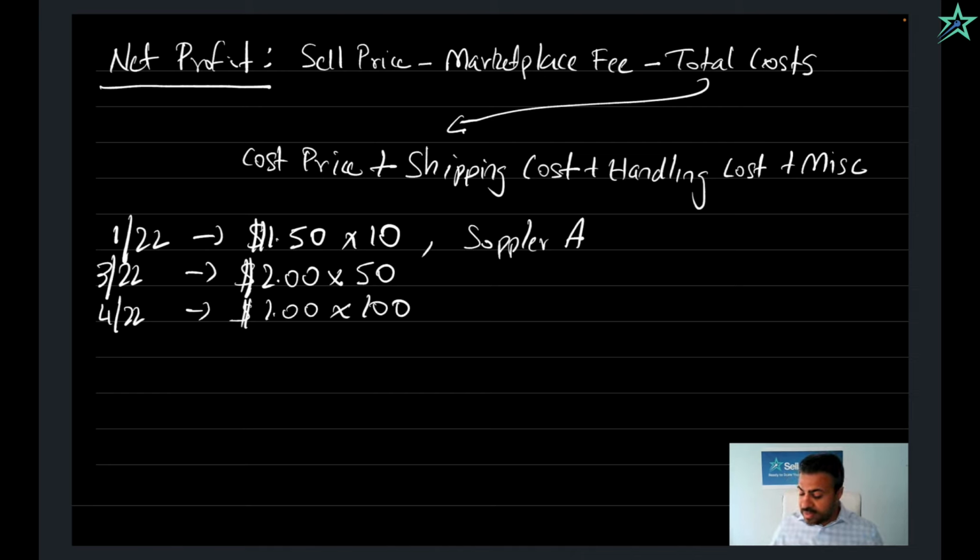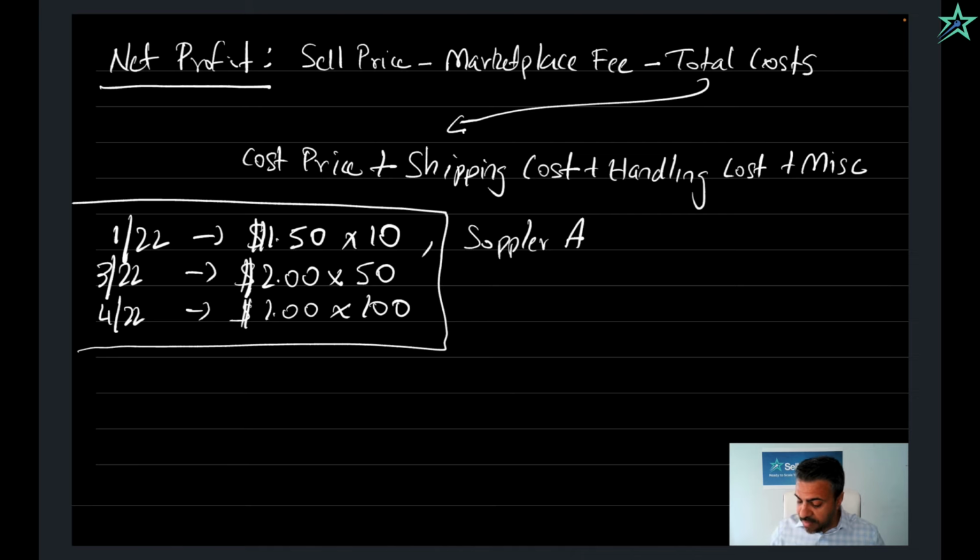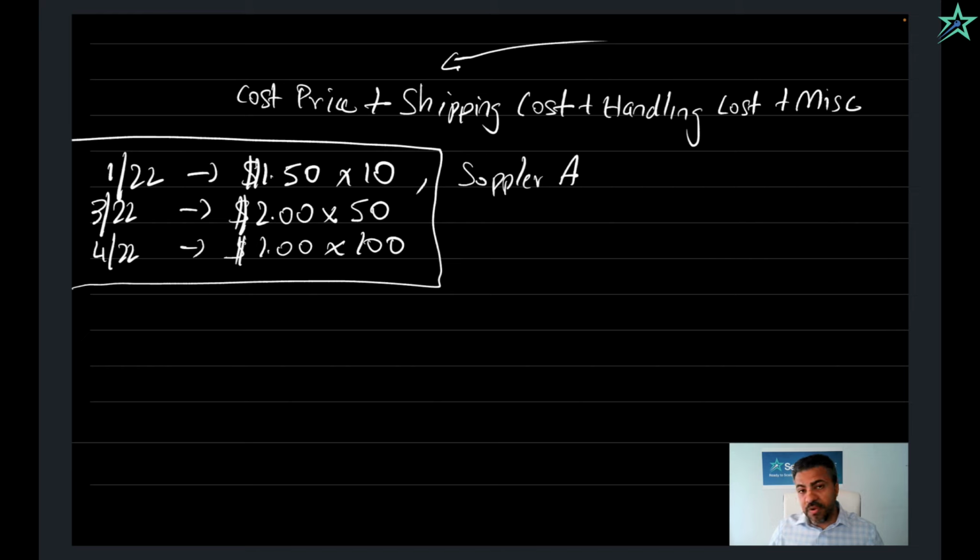Okay, so as you can see, your cost is varying over time for this product, which means your profit is varying over time for this product. Now, if you sold this product, depending upon which bucket you sold it from, is this product the one that you bought in January, in March, or in April, your profit will be different. So you need to be able to keep track of these costs over time for every product that you buy, even if it's the same product, because you might buy it at a different cost price.